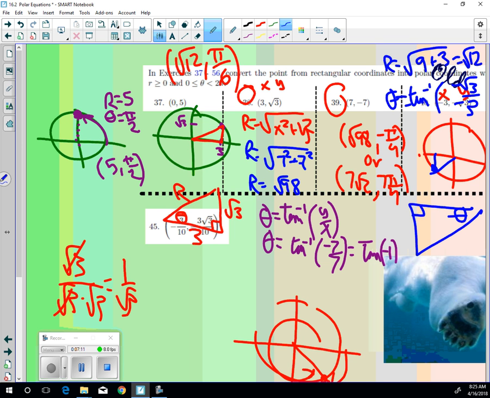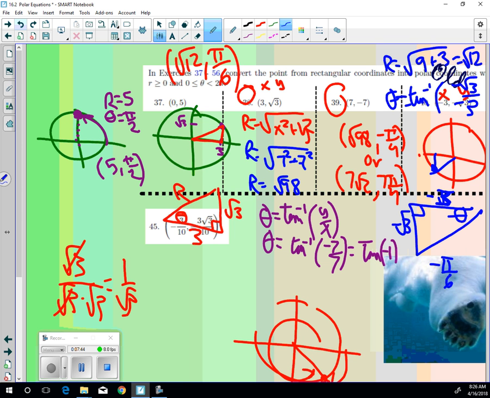There you go. Okay, and so this is going to be -3, negative square root of 3. Is that right? No, I got it backwards. So y is negative square root of 3, and x is -3. There you go. So when I did that, did you get negative pi over 6?